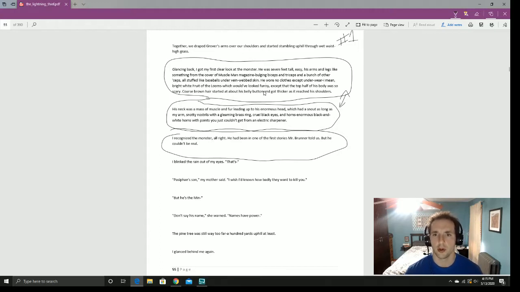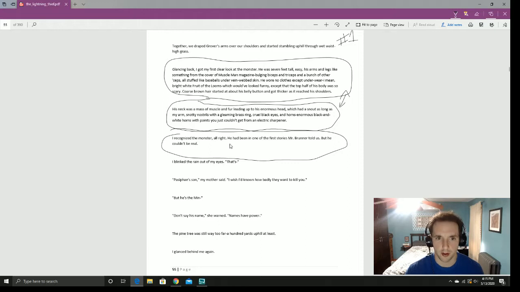He wore no clothes except underwear. I mean, bright white Fruit of the Looms, which would have looked funny except that the top half of his body was so scary. Coarse brown hair started at about his belly button and got thicker as it reached his shoulders." And so here, the author is describing what this monster looks like, its upper body, and how massive and strong looking and scary this monster is.